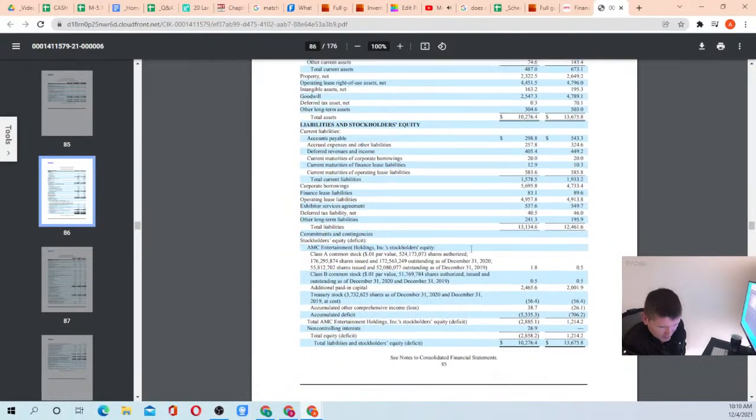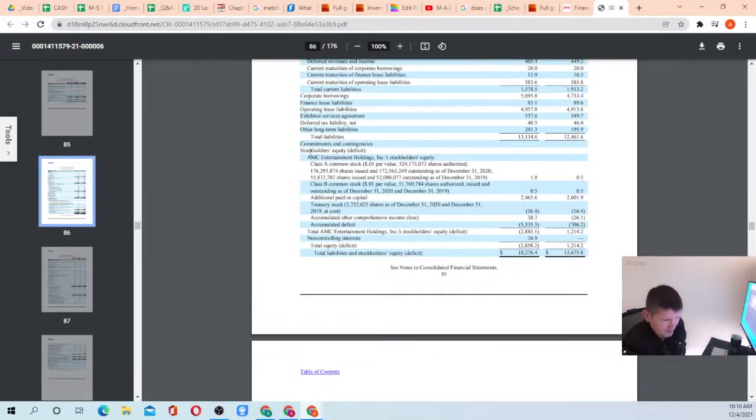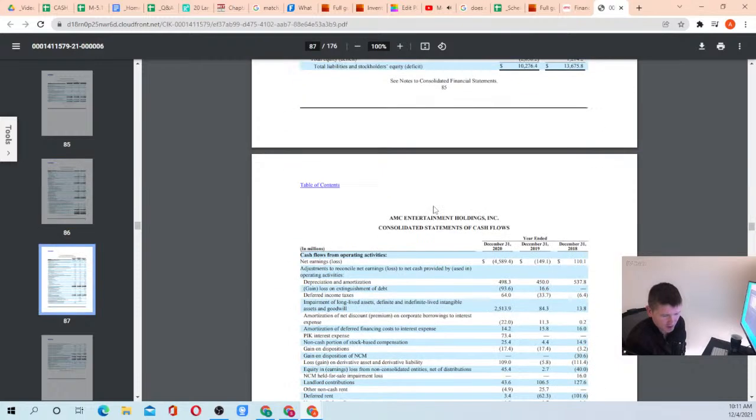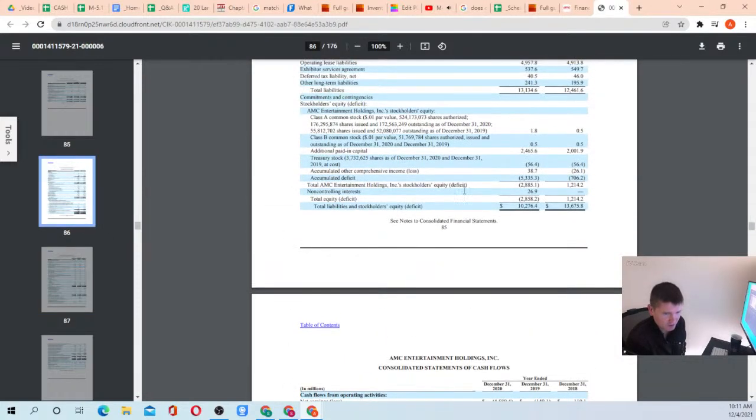And if you take a look at their stockholders' equity, they actually got a negative stockholders' equity. In a normal world, they would have been bankrupt already with such equity, but in the United States, in a zero interest rate environment, they were able to survive.